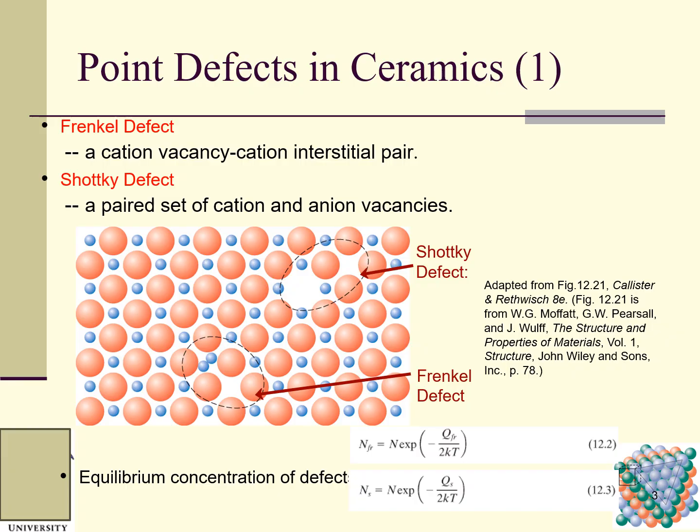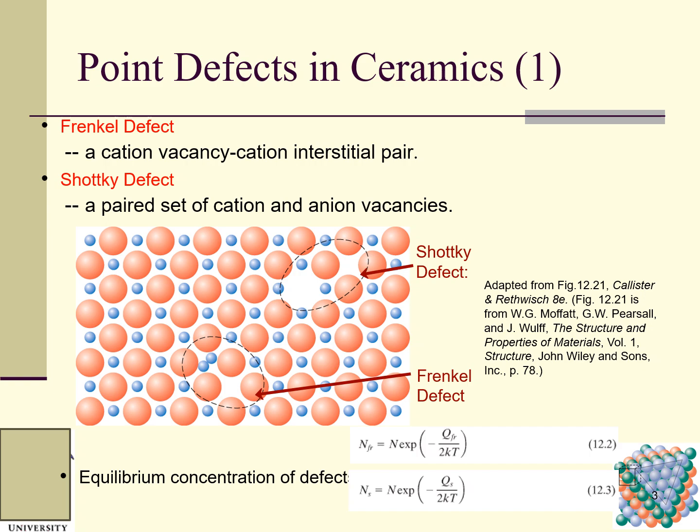First, let's talk about point defects in ceramics. In our last class session we talked about these point defects already, and it does not hurt to refresh your memory. There are Frenkel defects and Schottky defects. A Frenkel defect is a cation vacancy along with a cation interstitial pair.